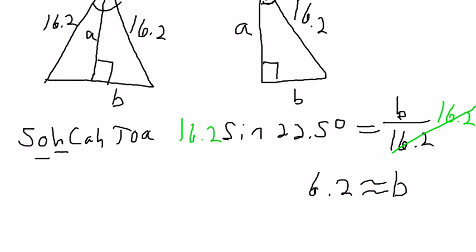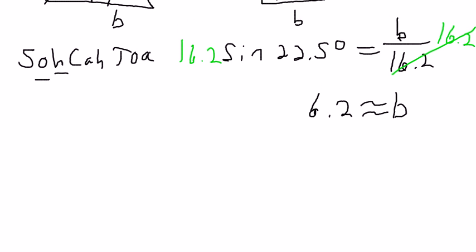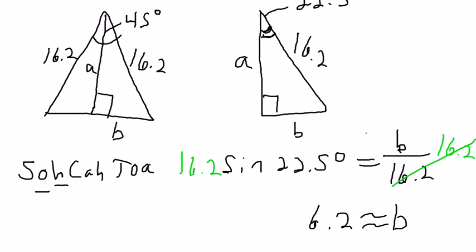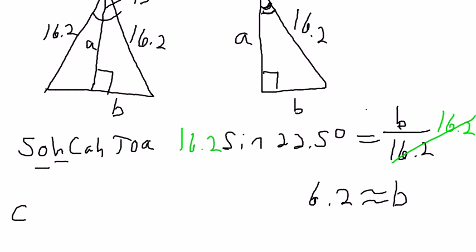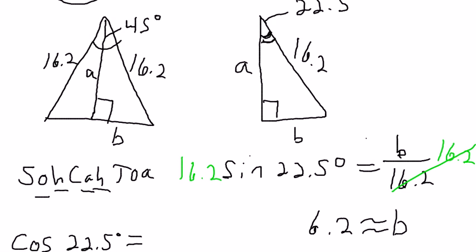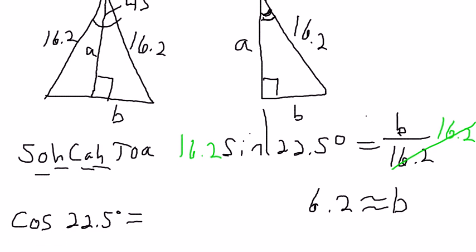Alright, so we know what our B value is. Let's figure out our A value. So looking at this triangle, well, we already said tangent wouldn't work. We already did sine. Let's do cosine. So cosine of 22.5 degrees. Cosine is adjacent over hypotenuse. So adjacent to this angle is A, and the hypotenuse is 16.2.